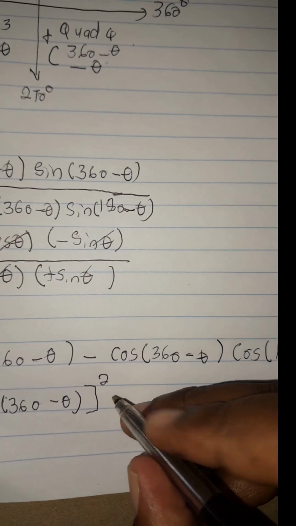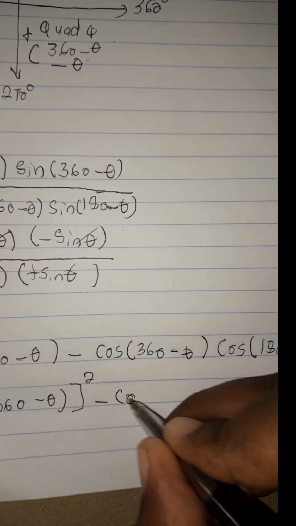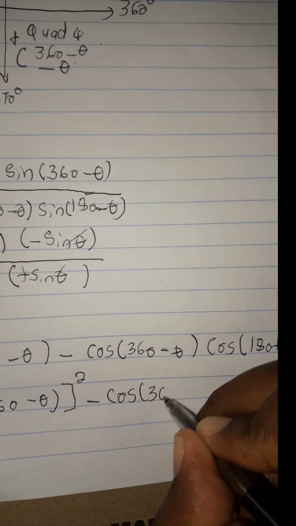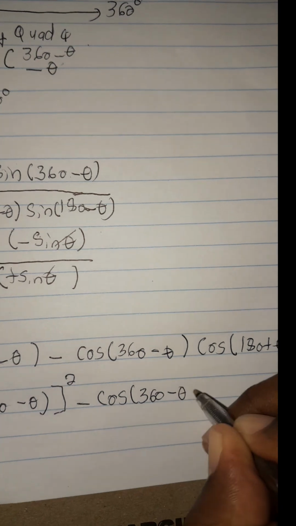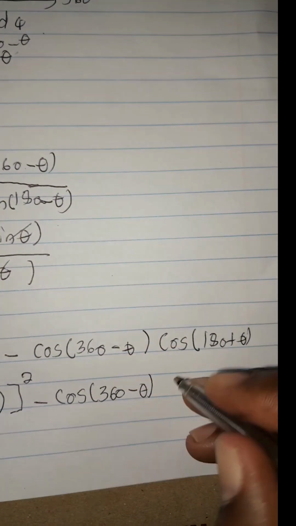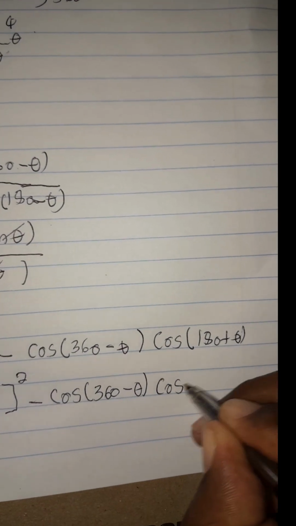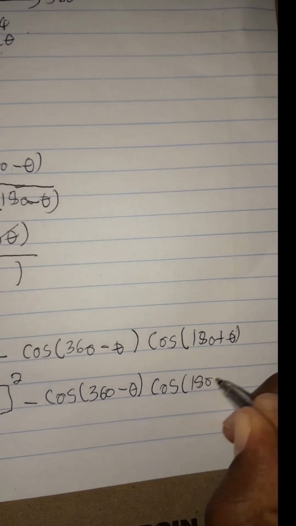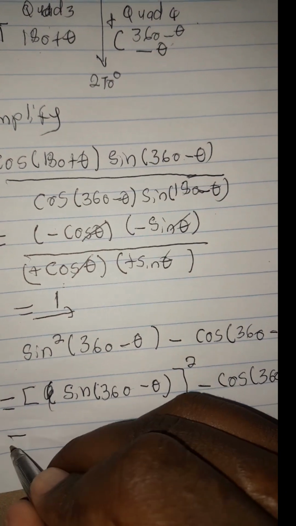Then we have cos(360 minus theta), as well as cos(180 plus theta). Okay, let's factor out this one.